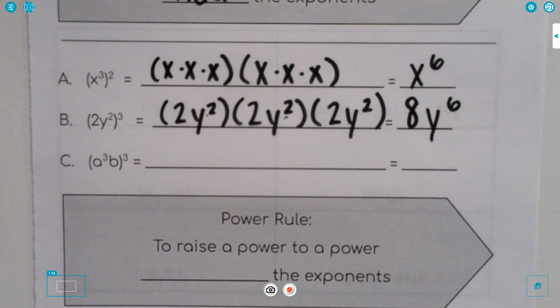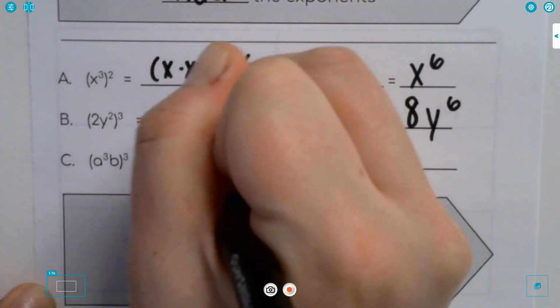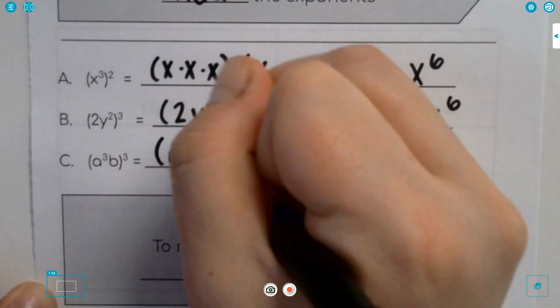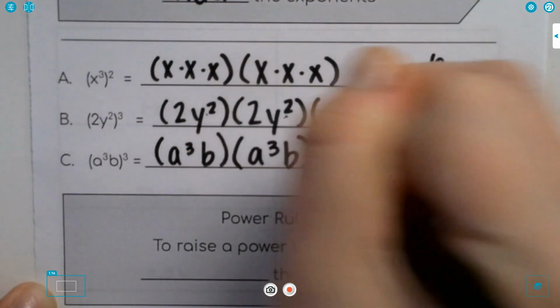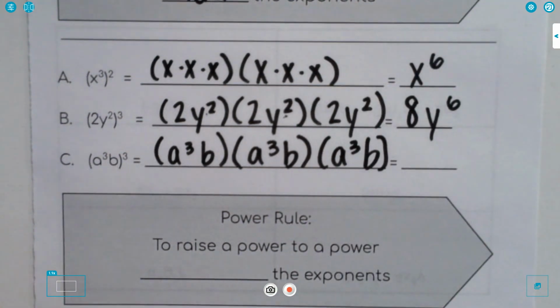Okay. And then this last one here is the first one we've seen where we have more than one variable. So you can have multiple variables be part of your base. So I've got a cubed times b, and that's to the third power, so I should have 3 of those. A cubed times b, a cubed times b. Okay.